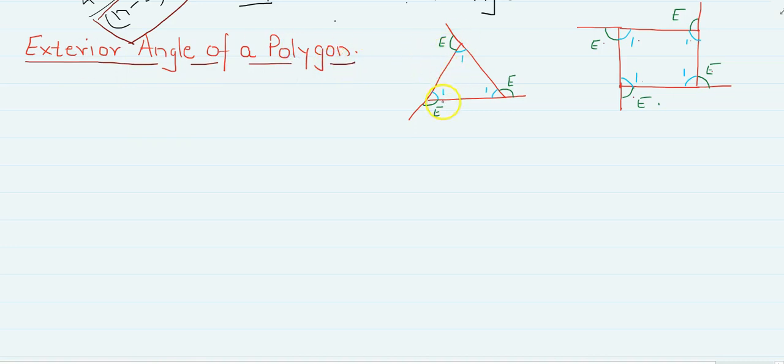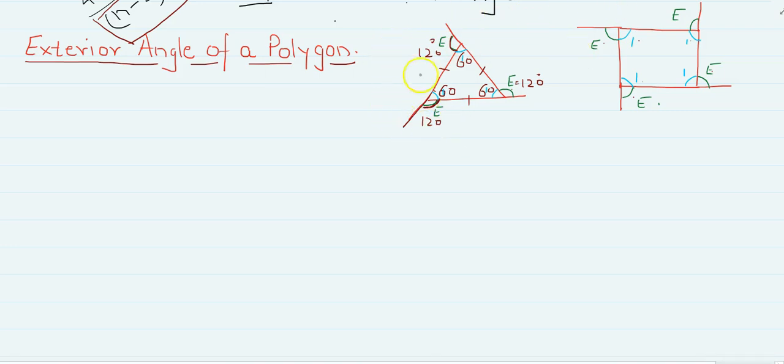Let's take an example. Suppose we have an equilateral triangle, all sides equal, all angles equal, so all angles will be 60. Because this is a complete straight angle, 180 degrees, this angle will be 120, this angle will be 120 degrees, and this angle will also be 120 degrees.